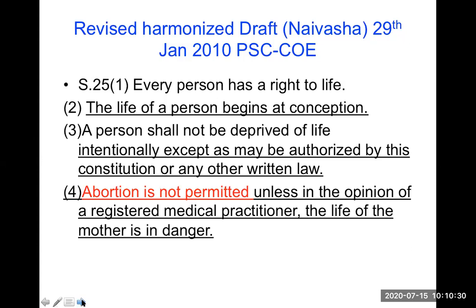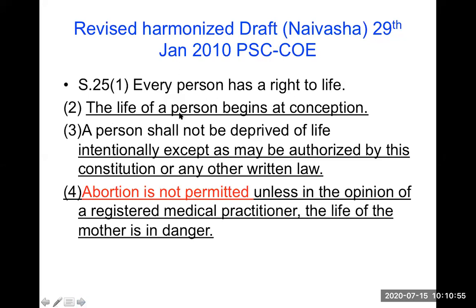The reason I'm taking you into these cycles is every time the document was in the hands of a smaller group, the right to life of the unborn child was in danger. Every time the document was in the hands of a bigger group, a wider public, then the provisions protecting the unborn child are returned.